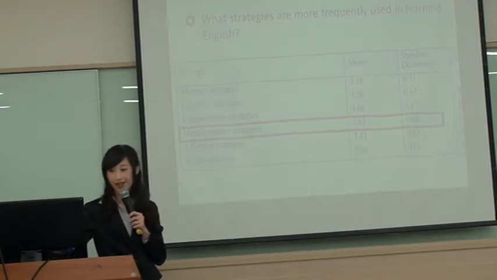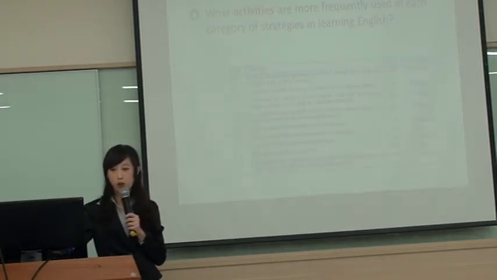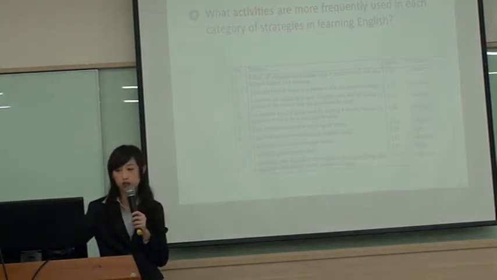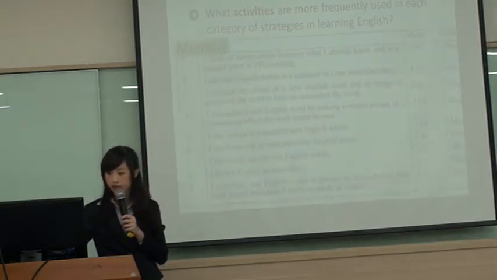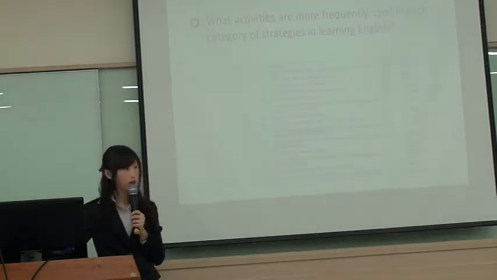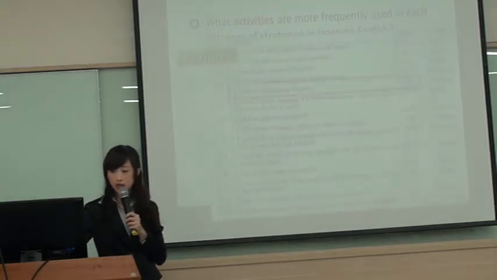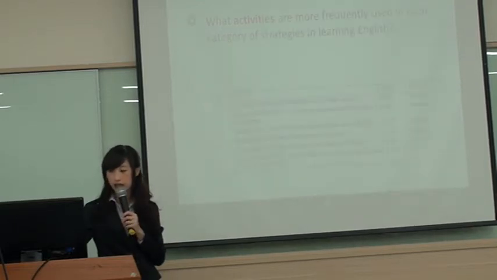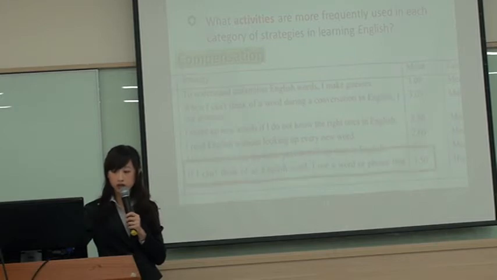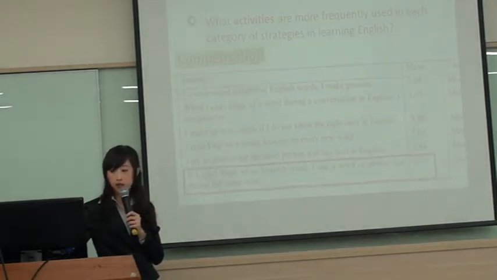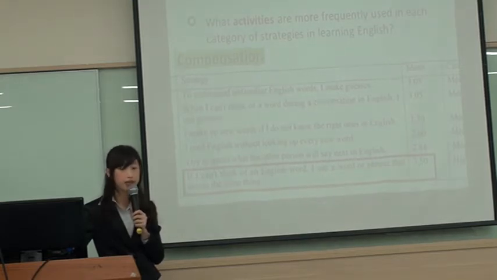Okay, research question 2 is, what activities are more frequently used in each category of strategy in learning English? In memory strategy, students review English lessons often. And in cognitive strategy, students practice the sounds of English words. And in compensation strategy, if students can't think of an English word, they use a word or phrase that means the same thing.